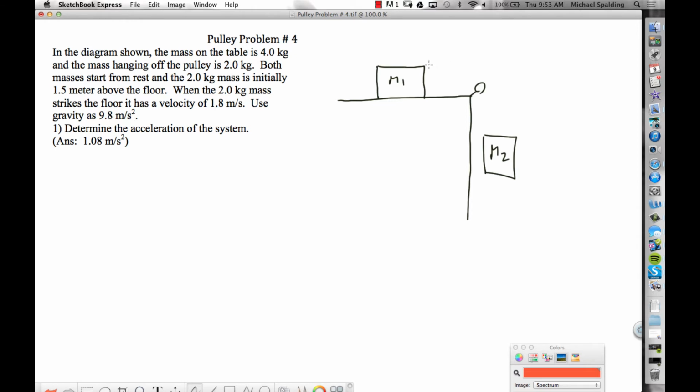So which way is M1 going to accelerate in this problem? M1's going to accelerate to the right. So let's say to the right is plus, to the left is minus. That's for M1. And then up is plus, down is minus. This is our sign convention for M1.